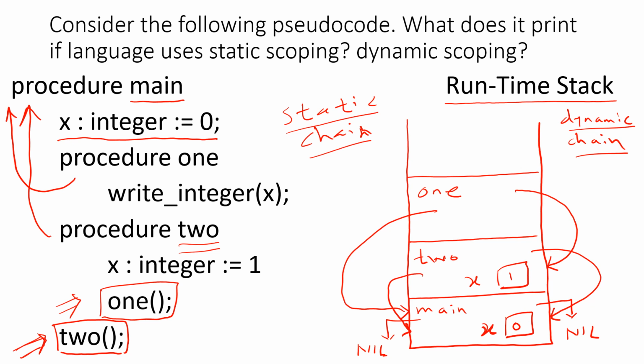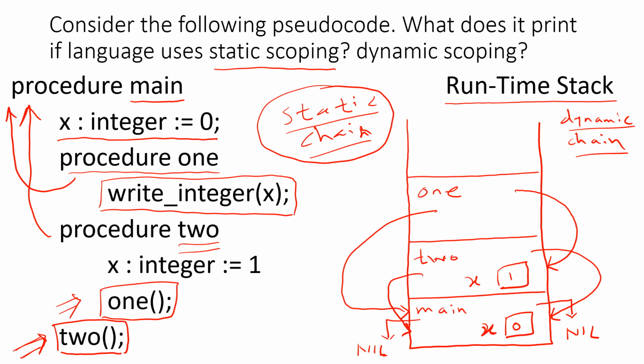Now the idea is very simple. The execution control is in procedure 1, and here we are printing the value of x. So when we execute this statement, the execution control is in 1. Now you see, in 1 we don't have any x declared. So with static scoping rules, which chain will be used? The static chain will be used.